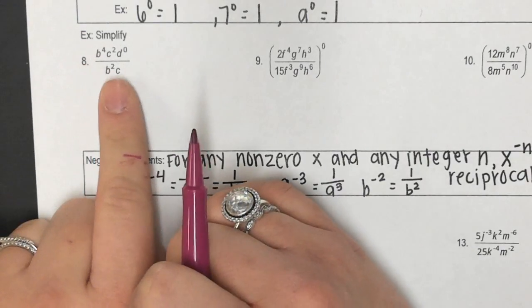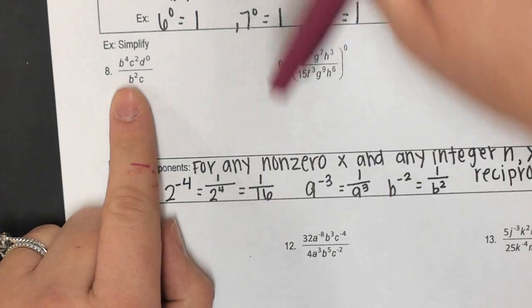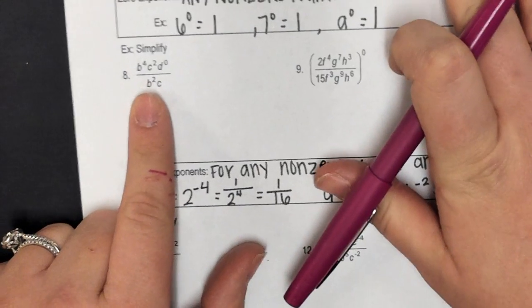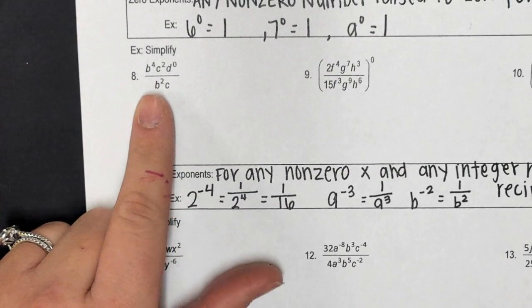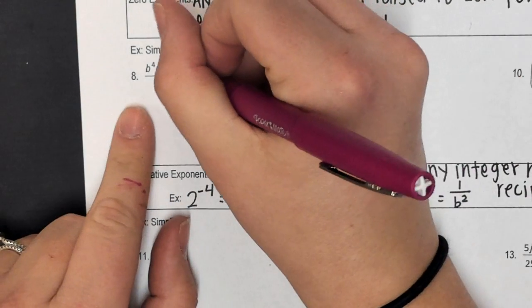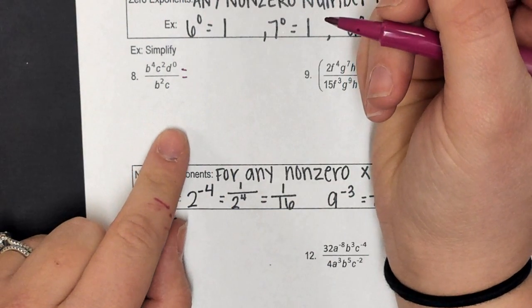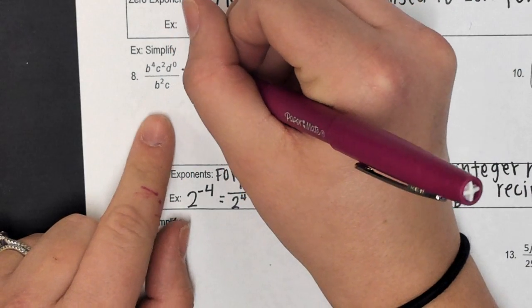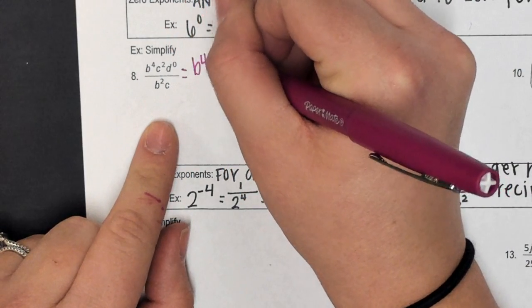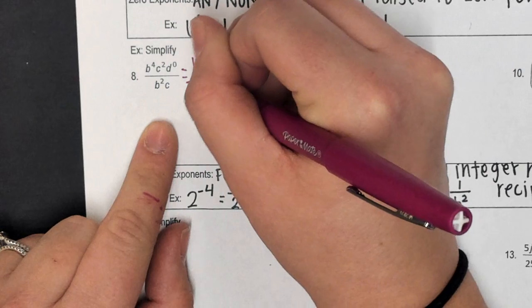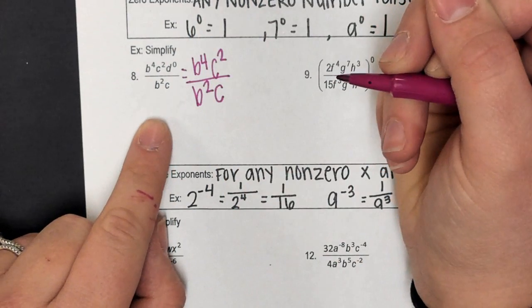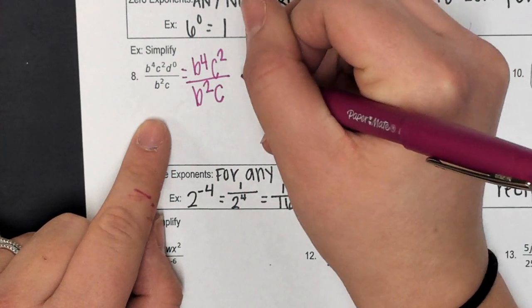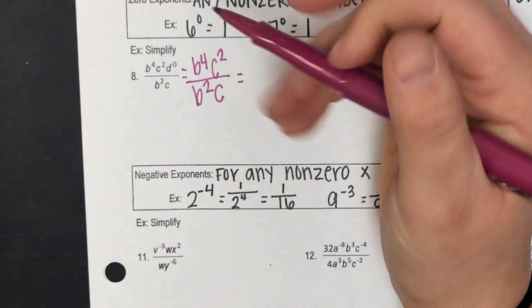Okay. Let's look at example number 8. What is raised to the 0 power in number 8? Just D. So what does D to the 0 power become? 1. So do I really have to write it? Okay. B to the 4th, C to the 2nd over B to the 2nd, C. Now let's subtract.